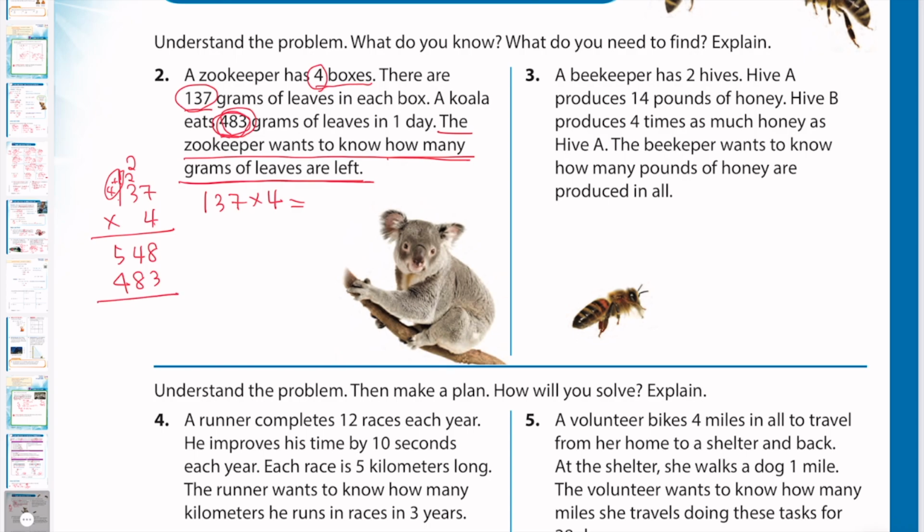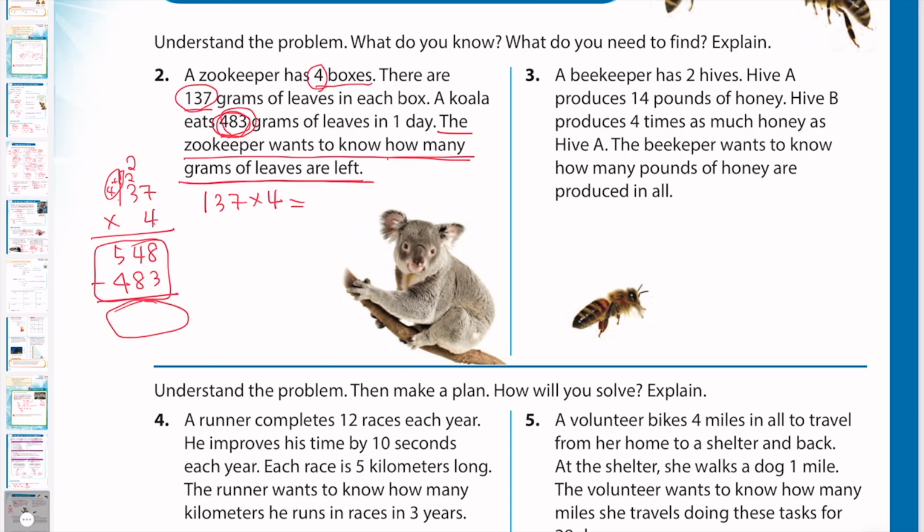483 grams of leaves in one day. You don't have to find out exactly how many grams of leaves are left over. You can compare.